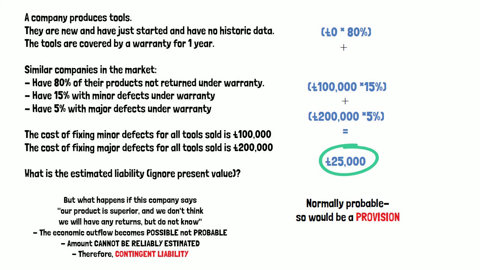Well, then the economic outflow becomes possible, but also the quantification of the economic outflow, the amount itself, can't be reliably estimated. And therefore, then that becomes a contingent liability.